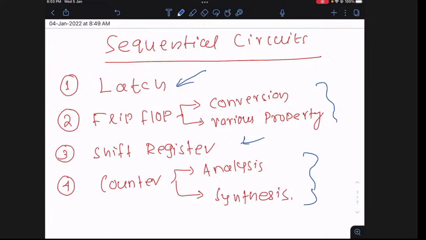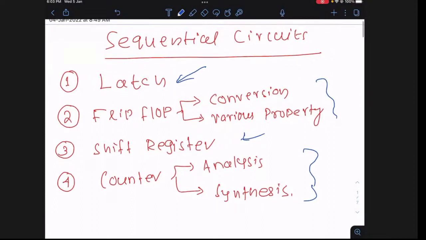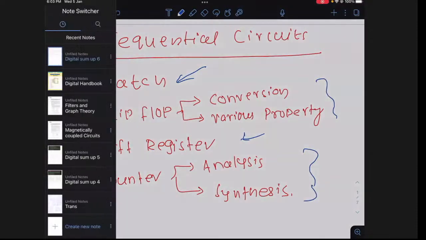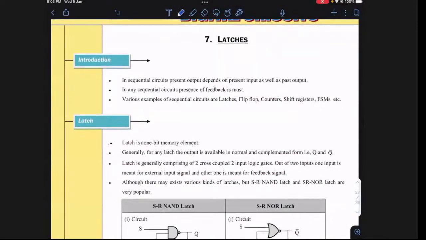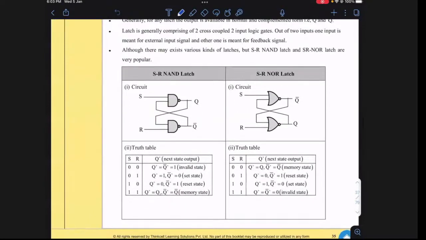Okay. So let me give you a quick overview of the latch, and then, in the usual pattern, we'll switch into the question segments. Latch is a 1-bit memory element. The standard thing that all of you might have studied in theory is the SR NAND latch and the SR NOR latch.